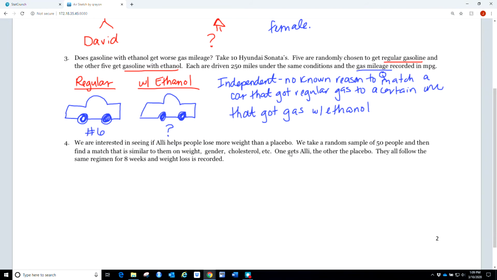One of these people gets Alli, and then the other gets the placebo. They follow the same regimen for 8 weeks, and we record their weight loss. Well, our quantitative variable that we're trying to look at here is the amount of weight loss. And our 2 groups that we are comparing on weight loss are Alli and a placebo.